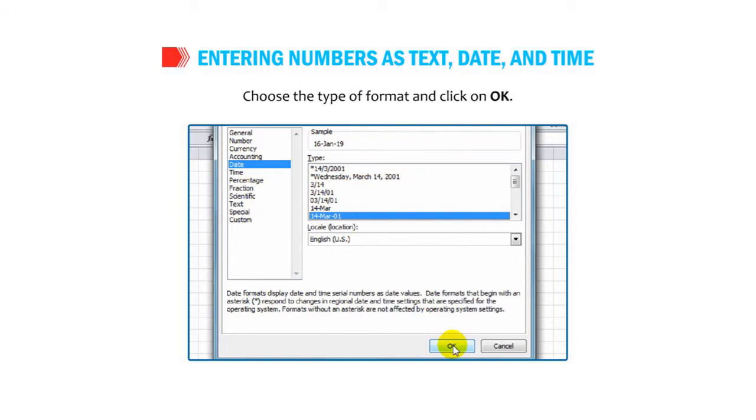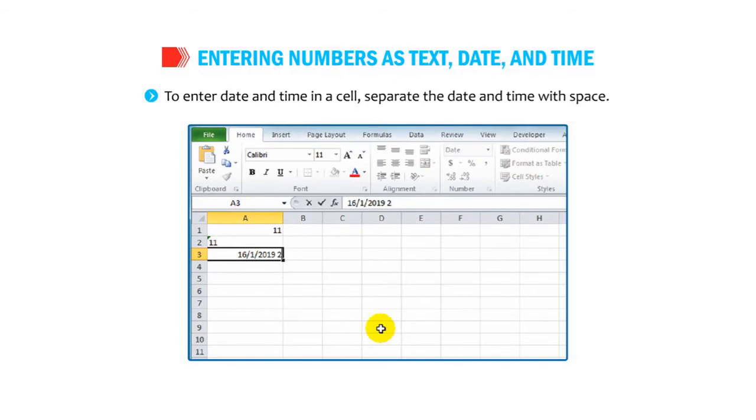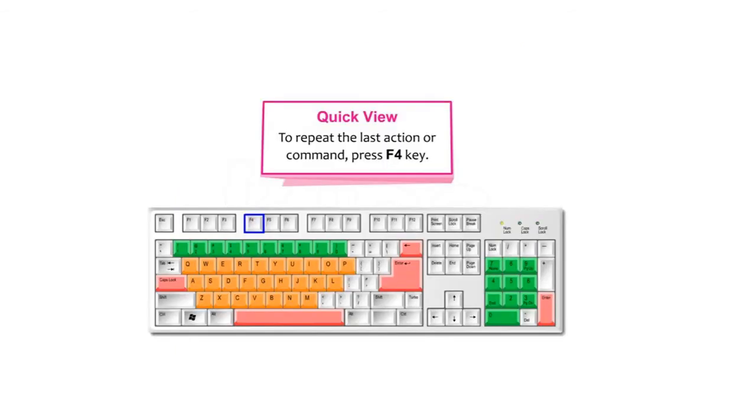Choose the type of format and click on OK. To enter date and time in a cell, separate the date and time with a space. Let's have a quick view. To repeat the last action or command, press the F4 key.